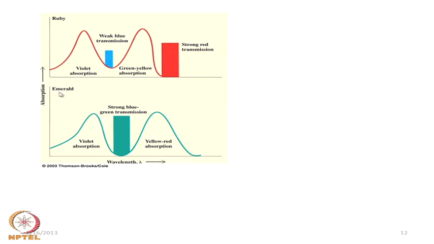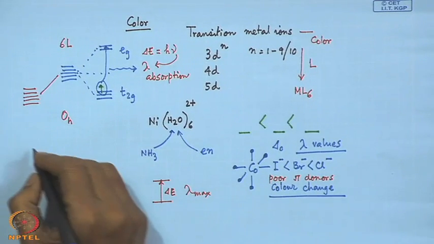Emerald is also the doping of some metal ion in some other solid matrix which is colorless, because alumina, Al2O3, is colorless. When it is doped with chromium, it gives rise to the corresponding color, because we are putting chromium in an environment of oxygen.